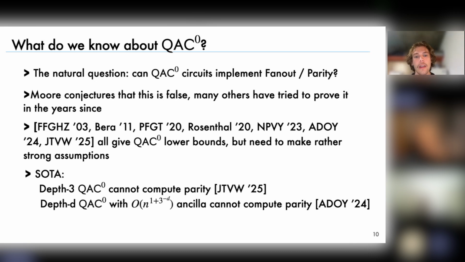And so in some sense, these are a long way off in that, by definition, QAC0 circuits can have any polynomial number of ancilla qubits and any constant depth. But that's the current state of affairs on the lower bound front.